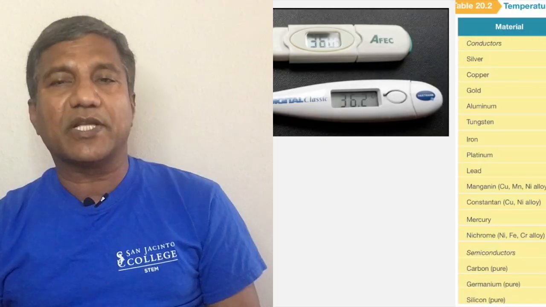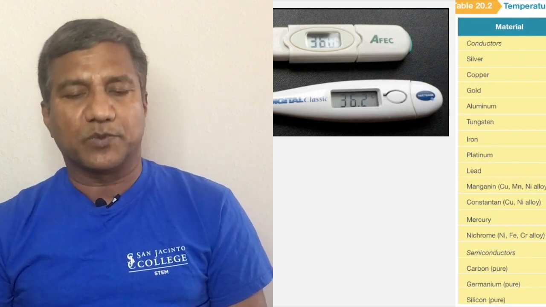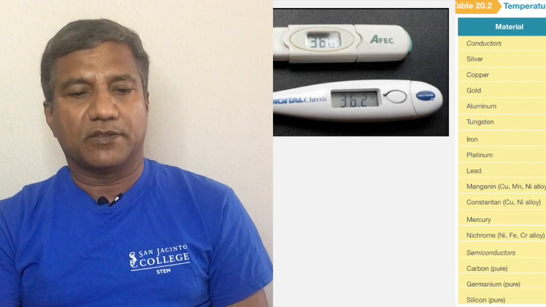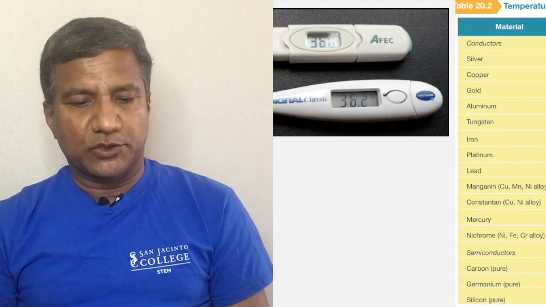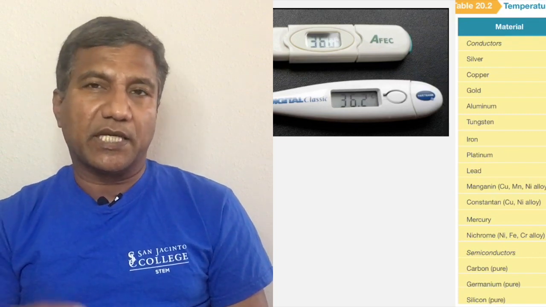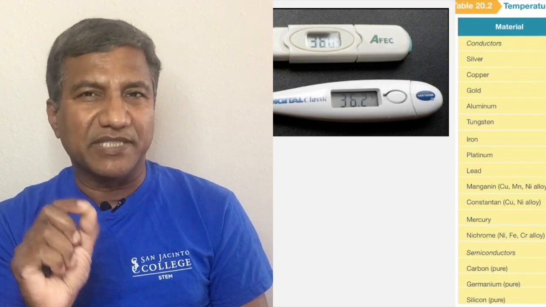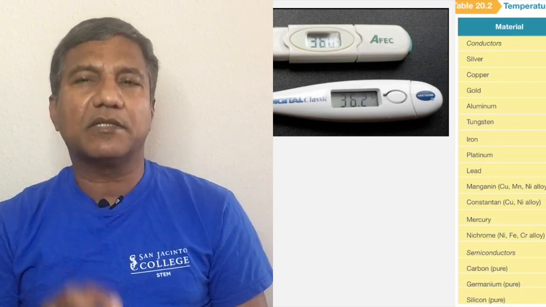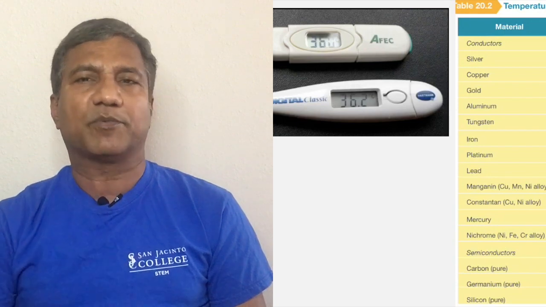That's the difference. A real life application of change in resistance with temperature is in a digital thermometer, because in this thermometer you use a material called a thermistor that really has a big change in resistance with temperature.